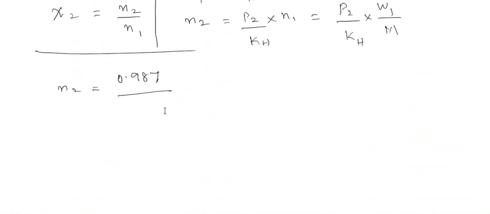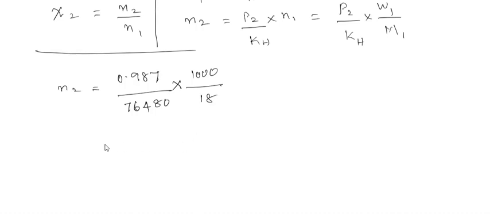Now 76,480 into, and what is W1? W1 is 1000 gram divided by M1, molar mass of solvent, that is nothing but 18.